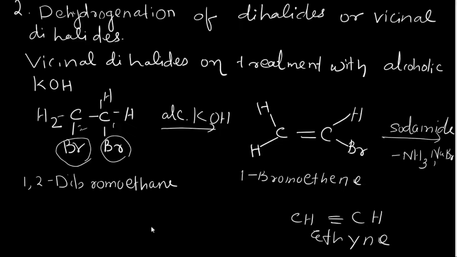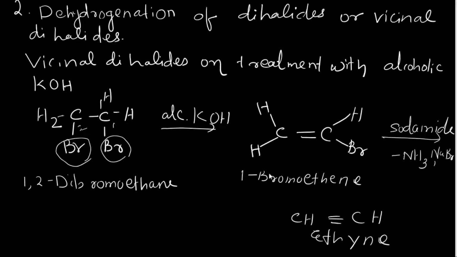So what happens here? If you treat 1,2-dibromoethane with alcoholic KOH, it gives bromoethene. That means one bromine is removed and one bromine remains.